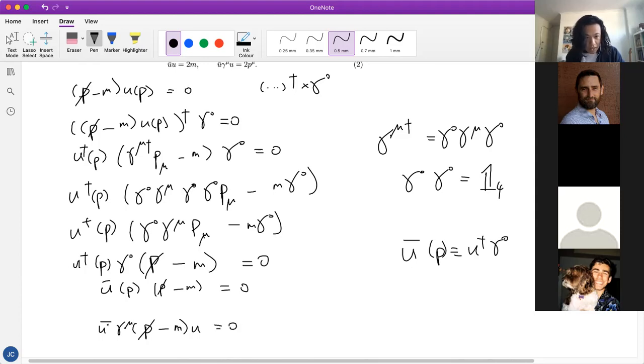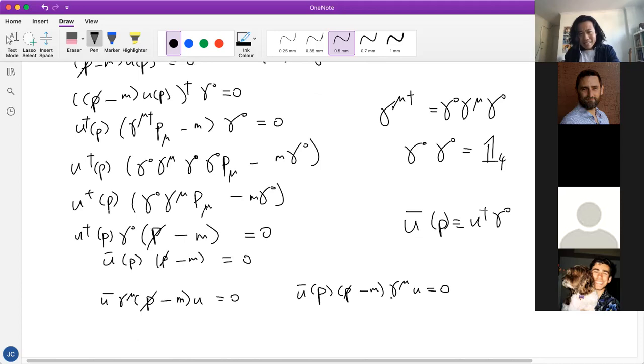And because it's equal to 0, I can do this without any issues. And I also take the adjoint equation, U bar, P slash minus M, and I multiply on the right with gamma mu U, and that's equal to 0. So I took the normal Dirac equation multiplied by U bar gamma mu on the left, and the adjoint equation multiplied by gamma mu U on the right. And since they're both equal to 0, I can sum them together.